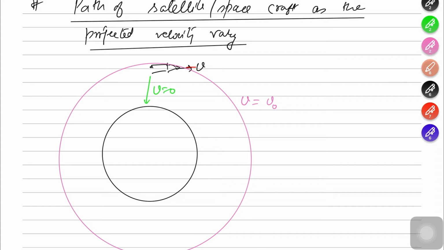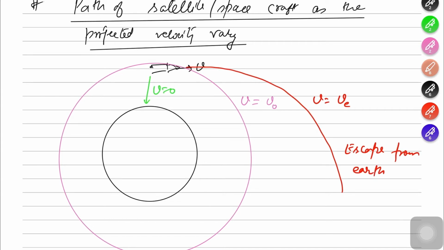If it is projected with a velocity equal to, let's say, escape velocity, it will escape from the Earth and follow a parabolic path. So the path will be parabolic.